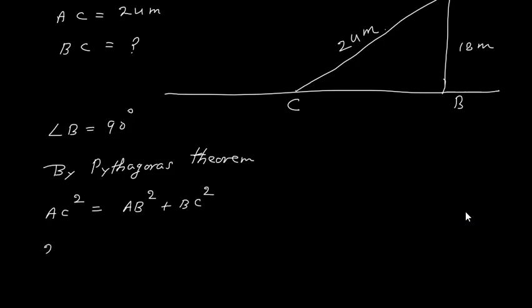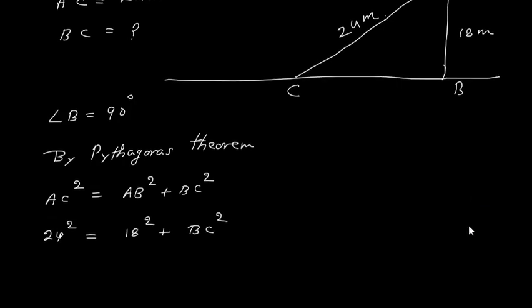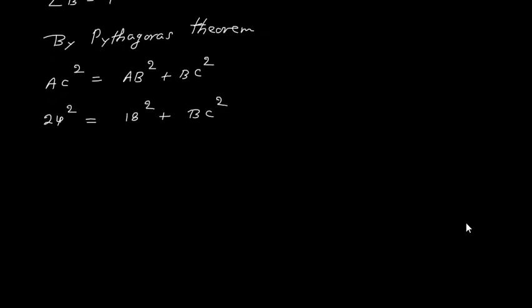Now AC is 24. So 24 square is equal to AB, which is 18, square plus BC square. So 24 square is 24 into 24, which is 576, is equal to 18 square, which is 324, plus BC square.